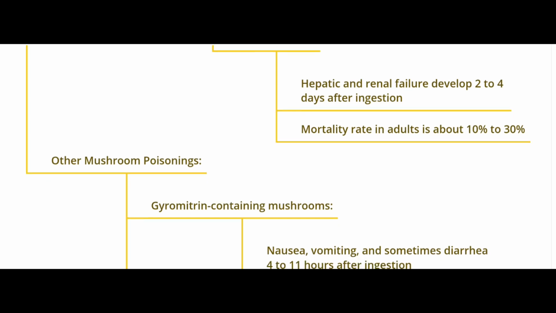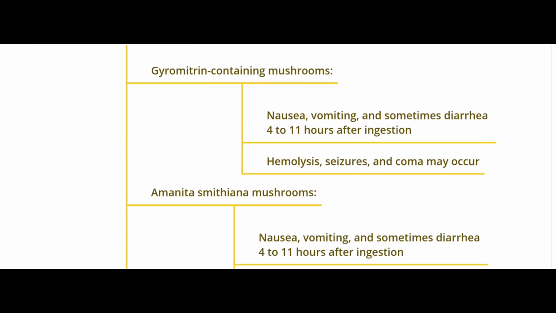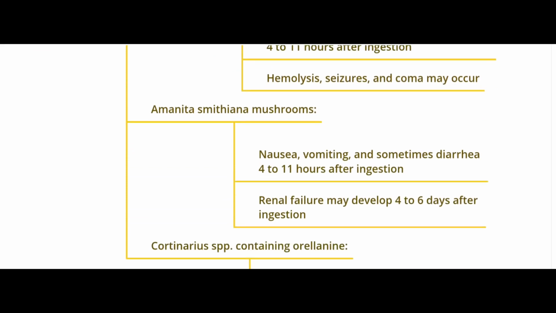We can have other mushroom poisoning like gyromitrin-containing mushrooms, which may lead to hemolysis, seizures, and coma. We can have the Amanita smithiana mushroom, which can cause a more delayed renal failure, after almost 6 days.